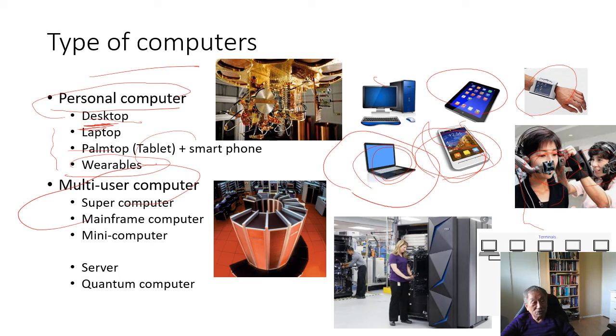The multi-user computer, the bigger one, is the supercomputer. This is a crazy supercomputer, expensive but very fast. If we get a chance, we'll talk about the logic of the Cray computer. And the mainframe, a big computer, is usually called the mainframe computer. The smaller sizes, but still big, a whole computer, is called a mini computer.